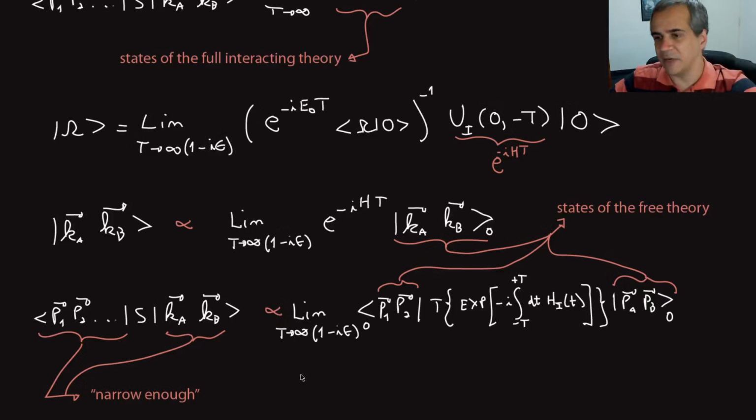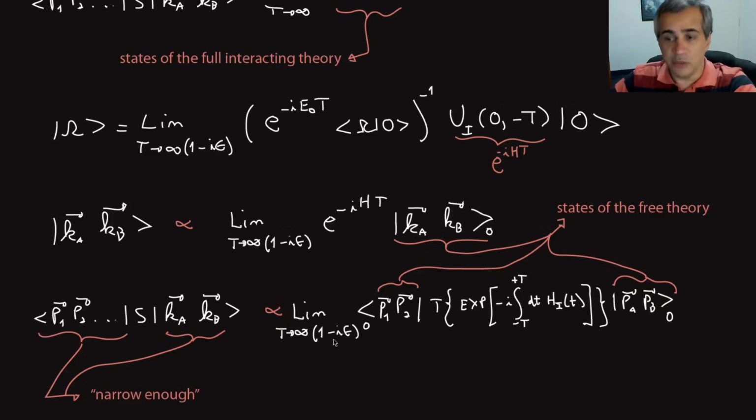What I can say right now is that you have to assume that these initial states of the interacting theory and final states of the interacting theory are somehow narrow enough. And again, defining what narrow enough means is part of proving the LSZ formalism. And then you can find this proportionality constant.